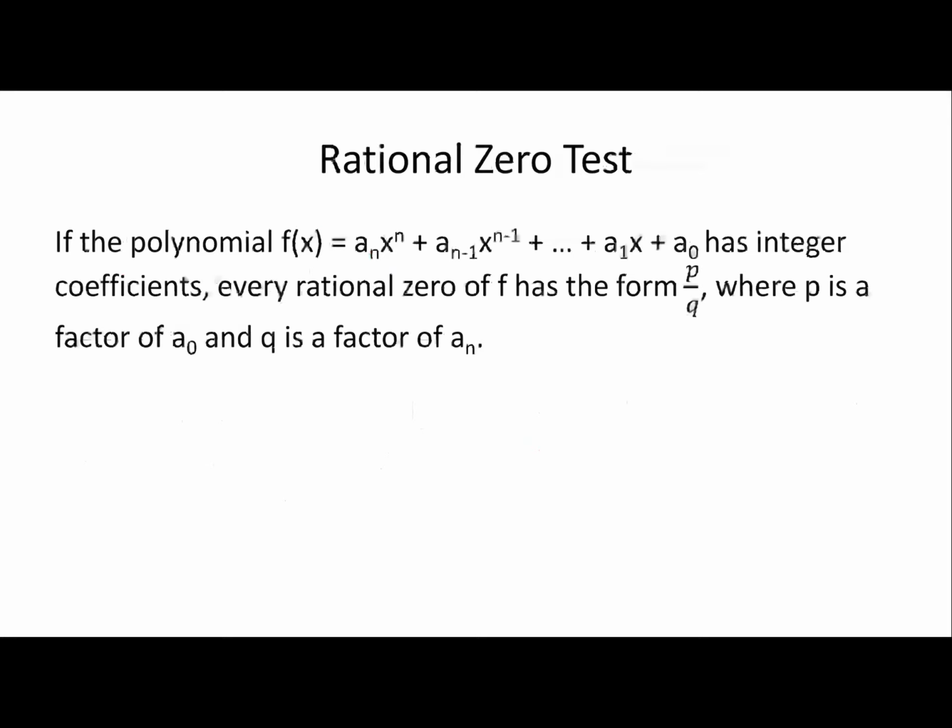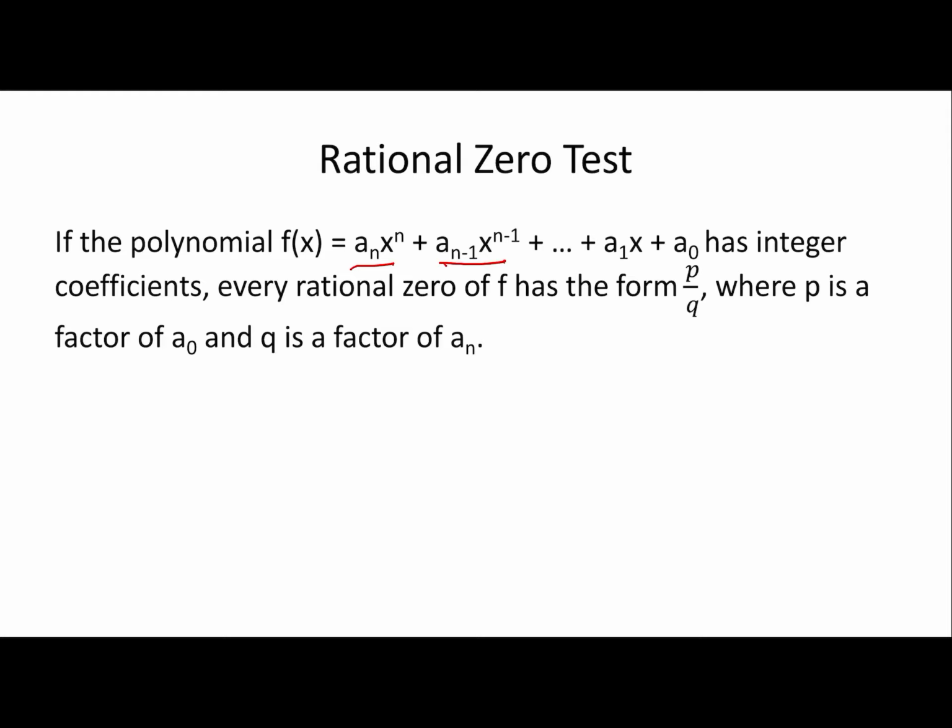The rational zero test says that if you're trying to figure out what possible rational zeros you can have in a polynomial, then we have a polynomial of a sub n times x to the n plus another constant times x to the n minus 1 and so forth.